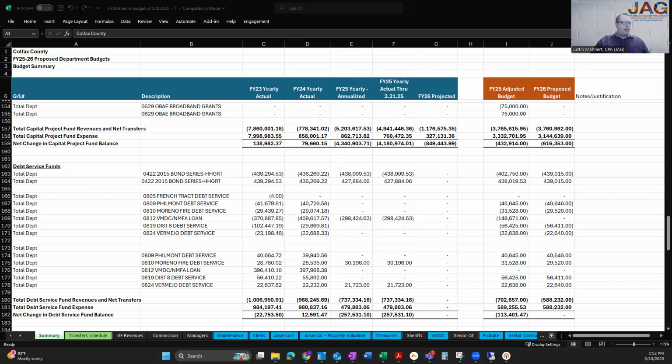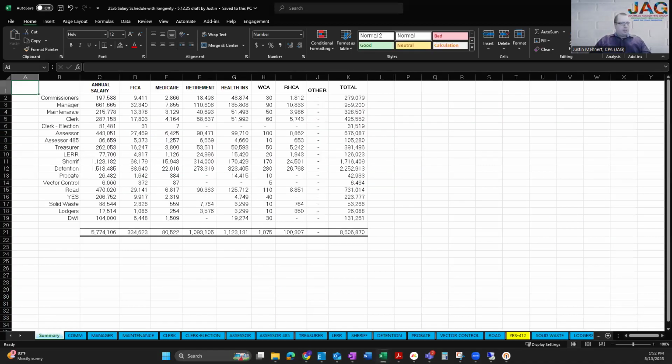I added a summary tab to the front, which I think you're referring to. I'll only show that tab because it's a public hearing, but there are individual salaries in the subsequent tabs. So yes, this is including vacant positions. Okay. Fully loaded, 8.5 million.